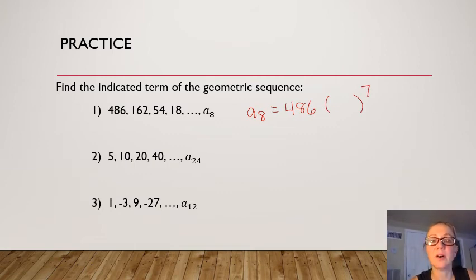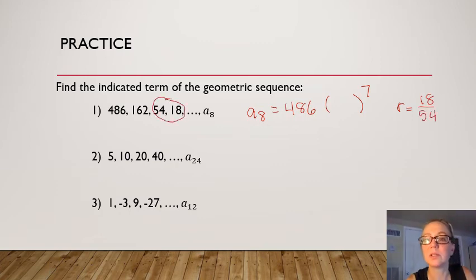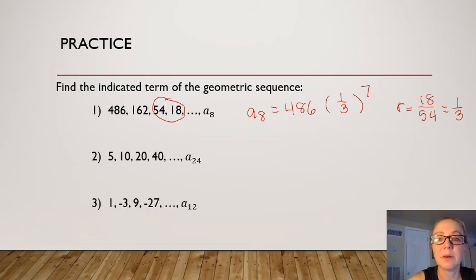Now, to find r, we divide consecutive terms. It doesn't matter which two you pick. I'm going to take these two because they're the smallest two. 18 divided by 54 is 1/3. Notice I put the 1/3 in parentheses. That's very important for calculator use. So 486 times 1/3 to the 7th gives us our 8th term, which is 2/9.